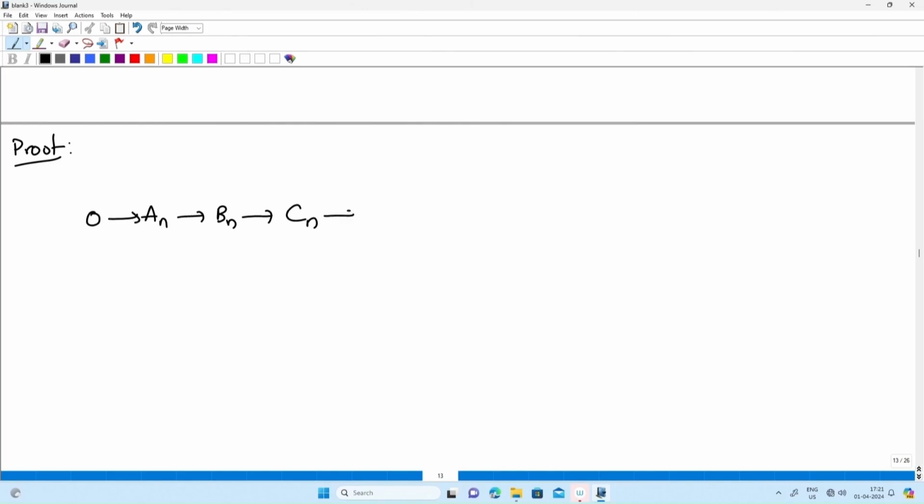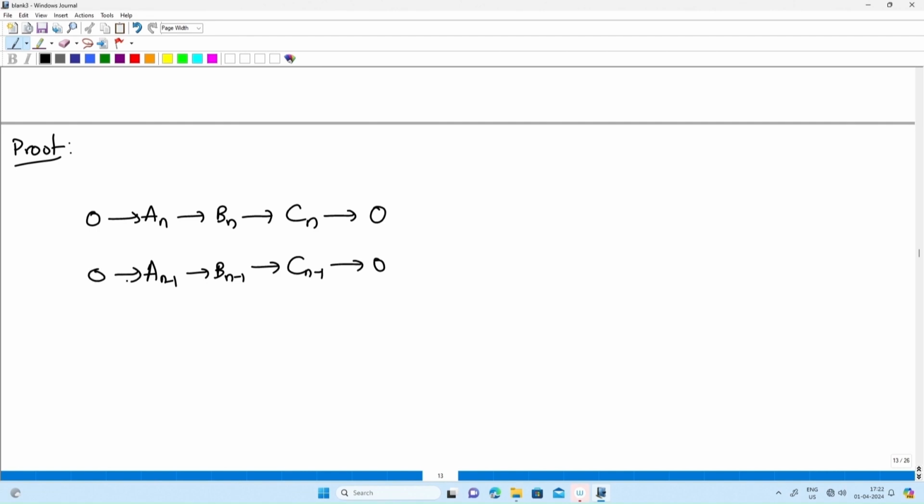Yes: 0, An, Bn, Cn, 0, because A dot, B dot, C dot is a short exact sequence. So every column of that is also going to be an exact sequence. This is the column written as a row. Then similarly we have An minus 1, Bn minus 1, Cn minus 1 and 0.